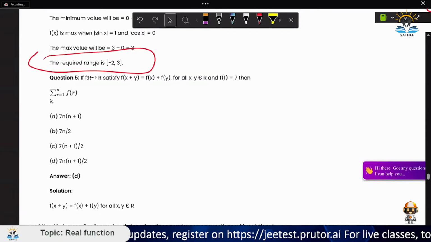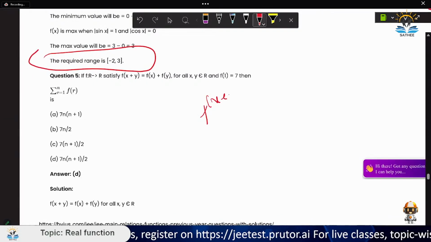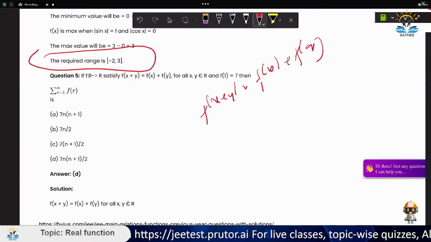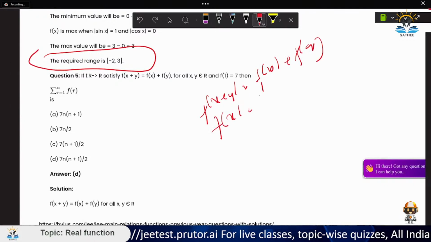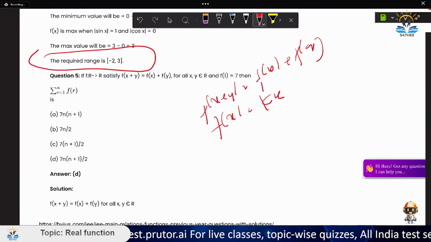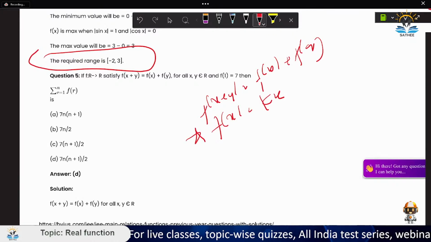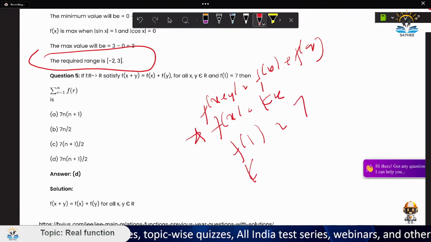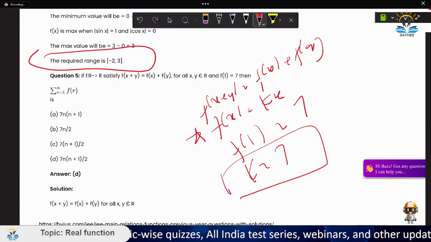We can do this question if possible. It is given to us f(x plus y) is equal to f(x) plus f(y). So we know that f(x) is equal to kx. This is something that you learn from practice. If this is given to us, f(1) is equal to 7, so k gives me 7. Then I have to sum it up, right?